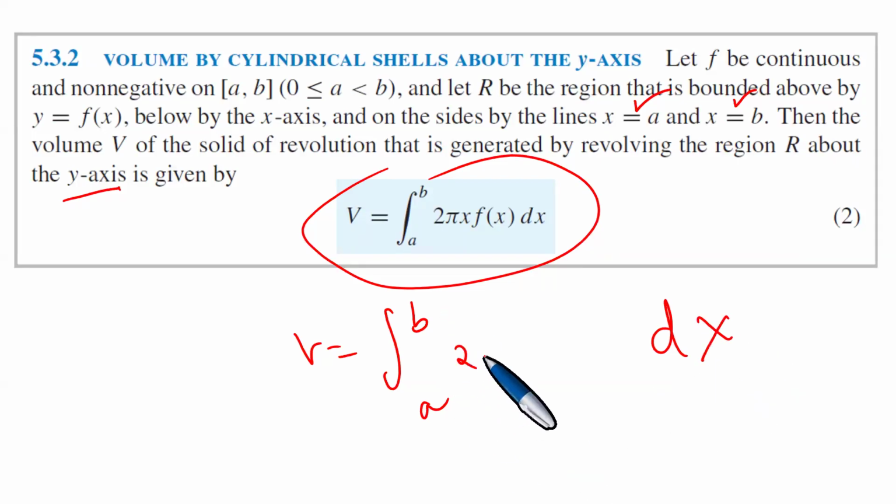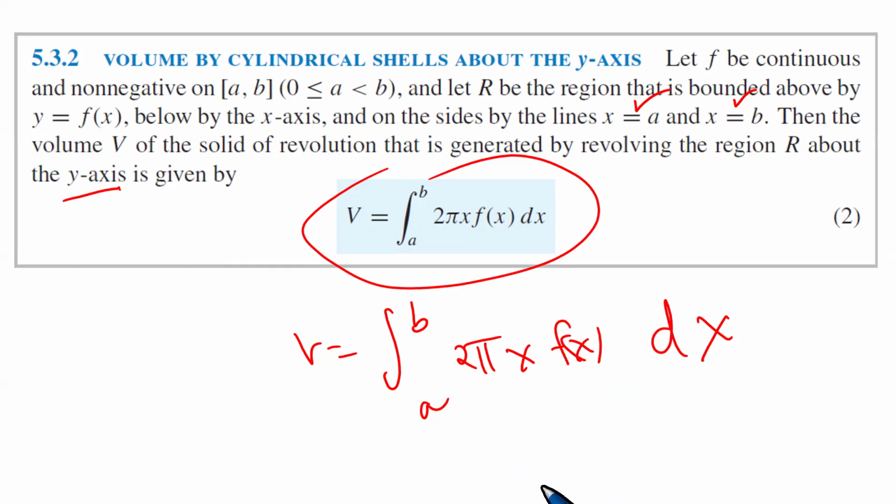And it becomes from A to B, and you have 2 pi, and because it's about the y-axis, you put dx, and you have x, and then you have f of x there.